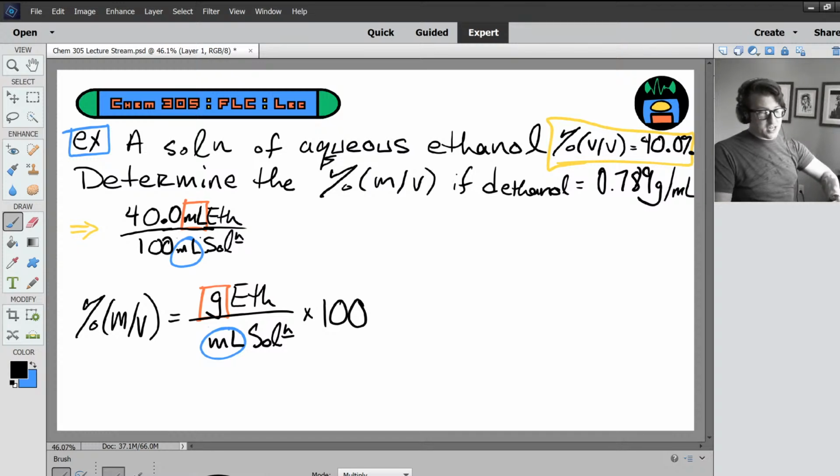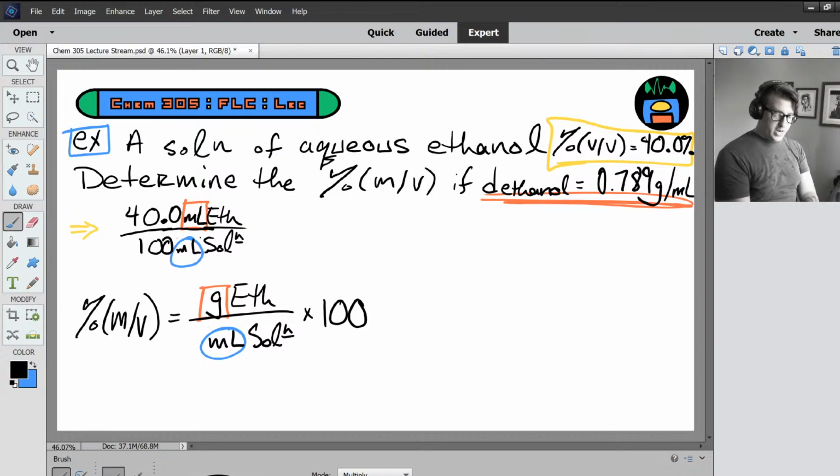Okay, so we need to convert from milliliters of ethanol to grams of ethanol, and we can do that conversion using the density. So we want a unit conversion that is going to cancel milliliters of ethanol and leave us with grams.